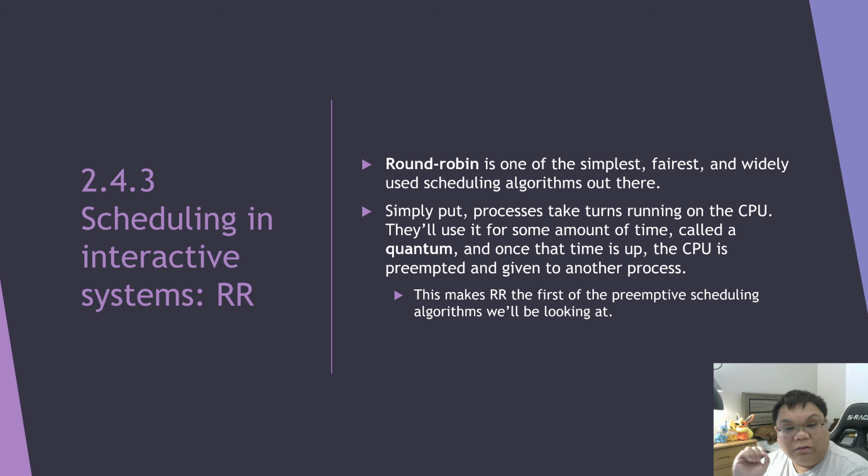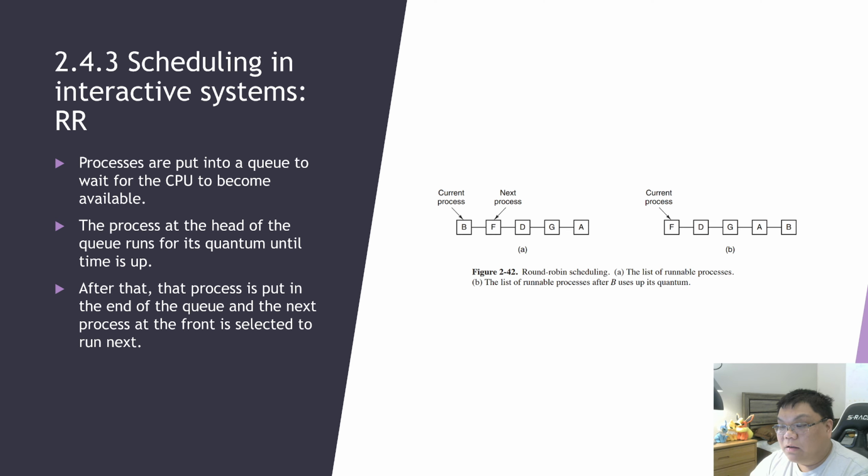This makes round robin a preemptive scheduling algorithm. And it's also the first preemptive scheduling algorithm that we are going to look at. So processes wait in line, they're in a queue. The process at the head of the line runs for some amount of time. We call that quantity of time a quantum.